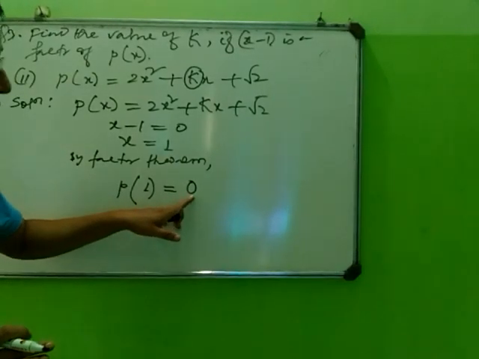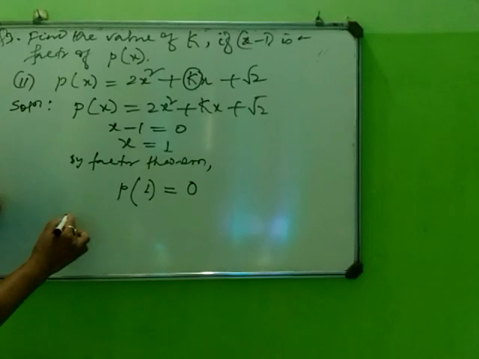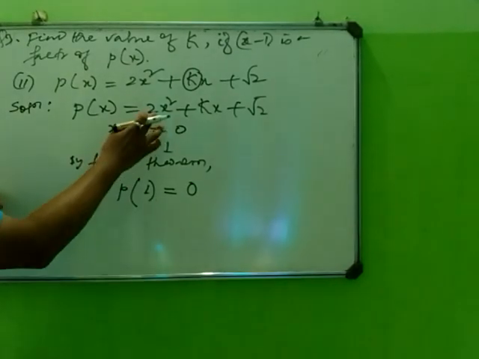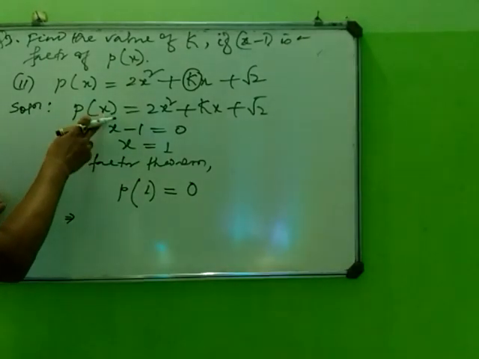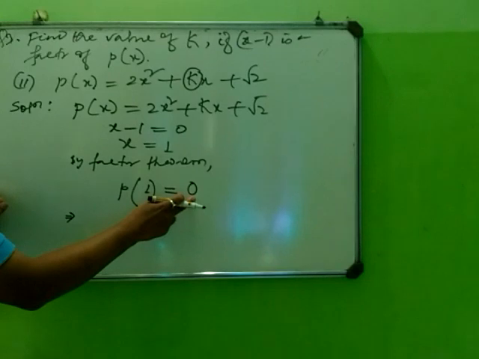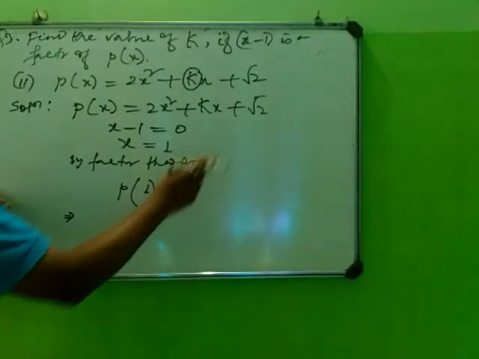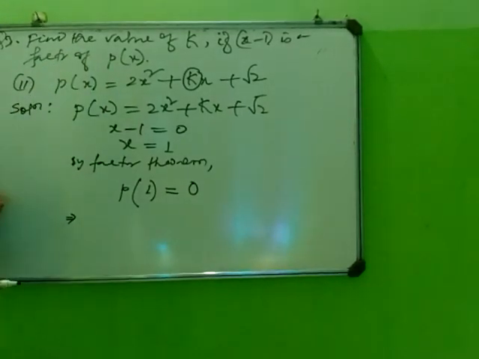That is why this 0 implies remainder. So now in place of x you will put 1. So p of 1 equals 0. It is the remainder 0 because x minus 1 is a factor of p of x.